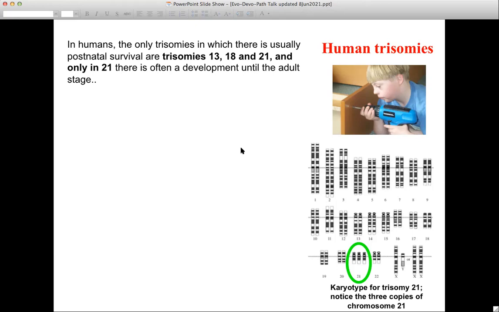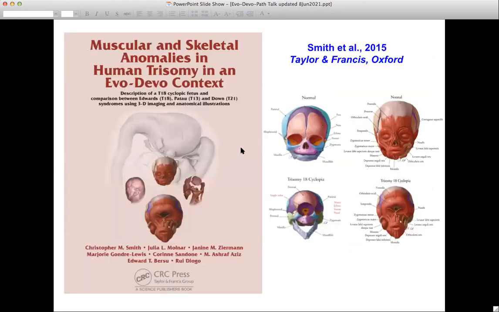But trisomy 21, Down syndrome, can persist until adulthood, as you know. We have done books already about these subjects. So again, we had these fetuses or newborns. For instance, in this case, it was a fetus with a trisomy and cyclopia, because the trisomies don't always have the same defects or pathologies.